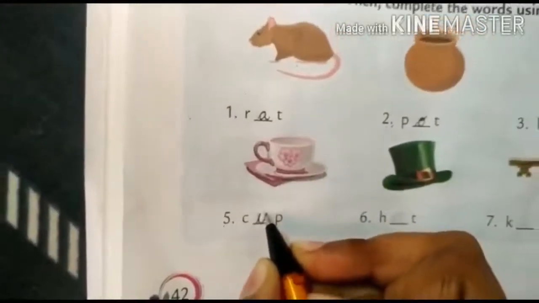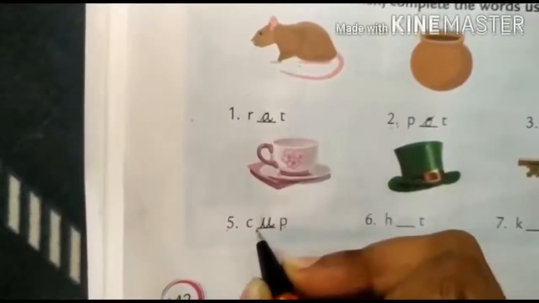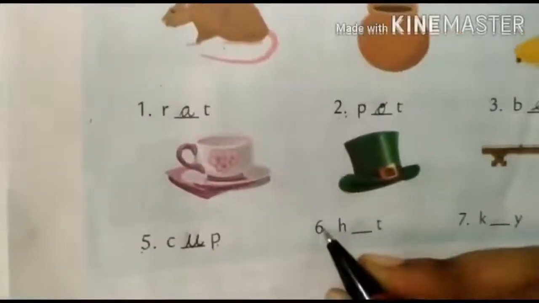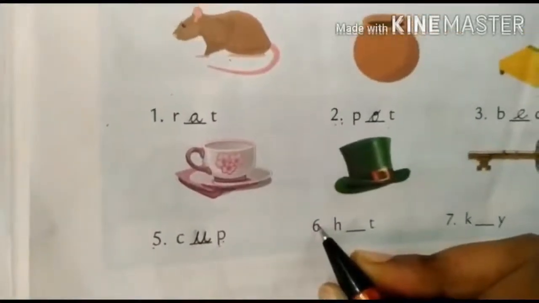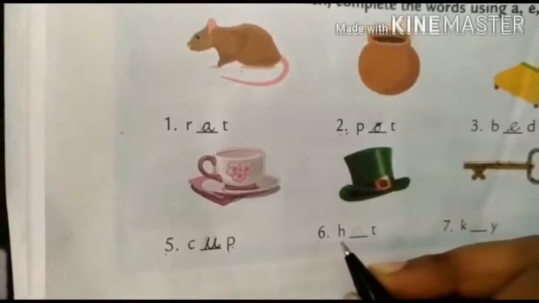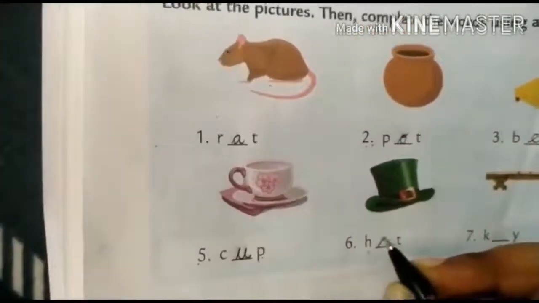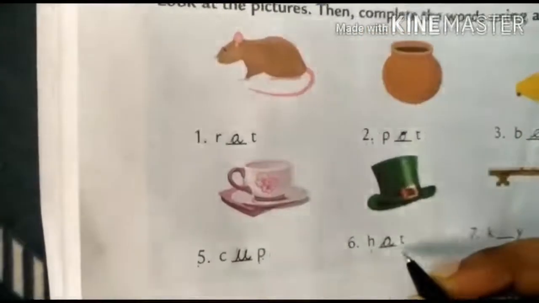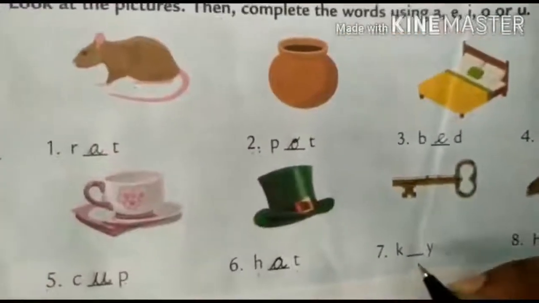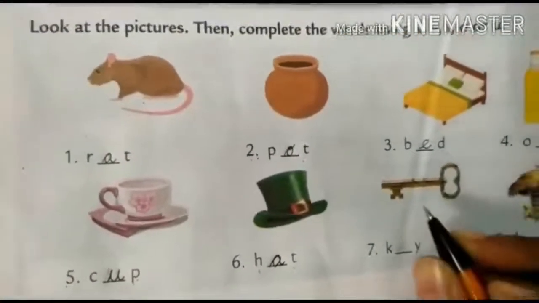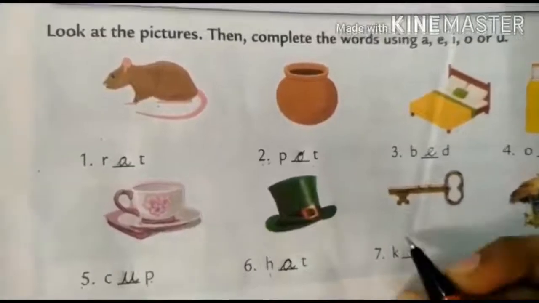C, U, P, cup. And the sixth, yes, hat. H, A, T, hat. In the seventh one, yes, this is key.